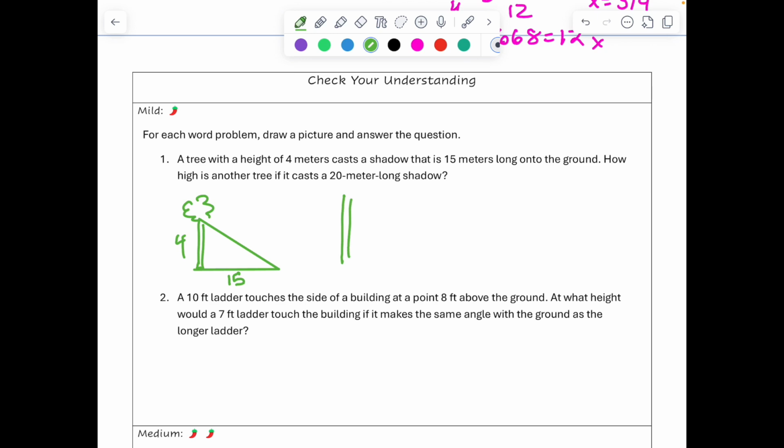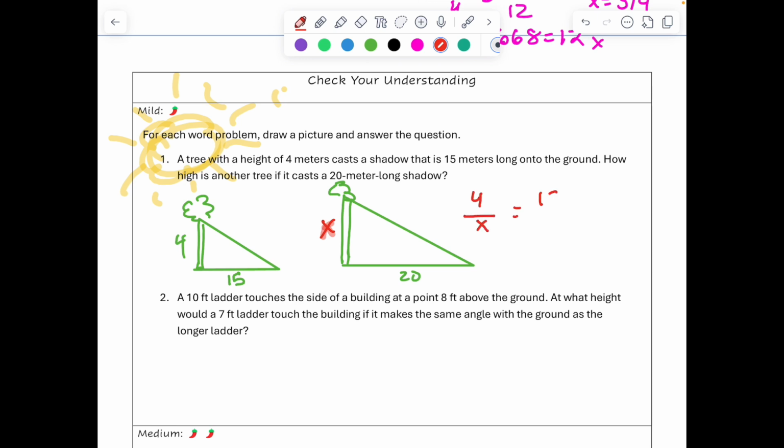And then we've got another tree that casts a shadow 20 meters long on the ground. So that's going to be a slightly taller tree. We're pretending that the sun is at the same height in these problems to create the same angle of that shadow. So then we could just set up a ratio here. 4 over x equals 15 over 20.